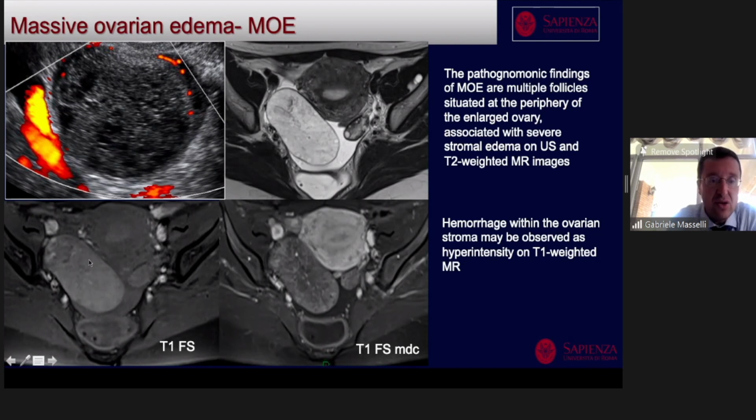In some cases, you can find hemorrhage that is better seen on the T1 fat sat sequence, and you see a poor vascularization after contrast.